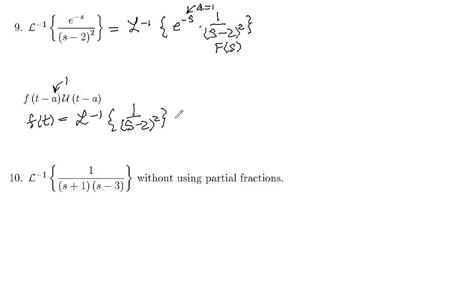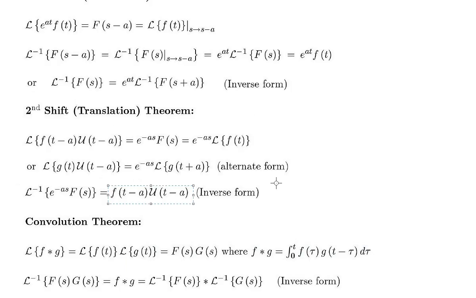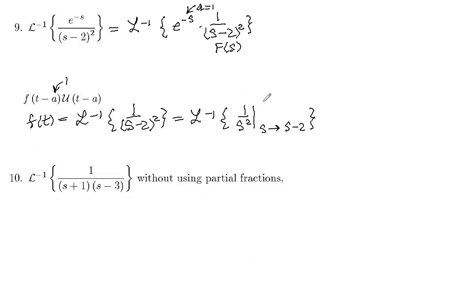is going to be the inverse transform of that 1 over s minus 2 squared. And that's a shifted cap F. That's the inverse transform of 1 over s squared, and then that guy is shifted from s to s minus 2. And remember, when you've got a shift here, go back to our transform sheet. We're doing this case here, inverse transform of a shifted F, shifted from s to s minus a, so you get an exponential on the outside, and then the inverse transform of the unshifted function.